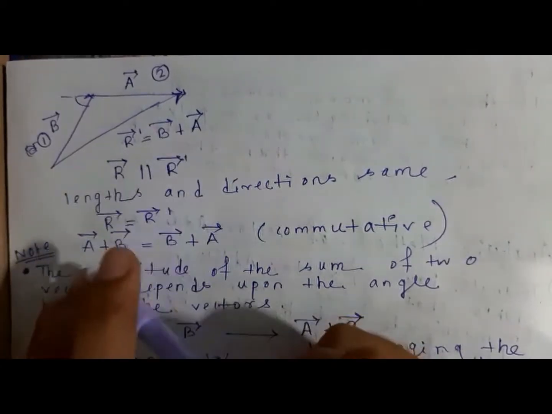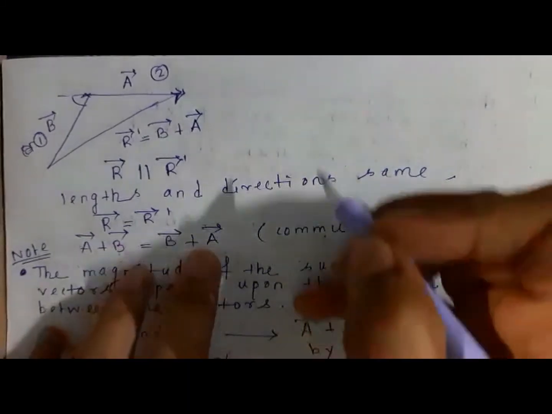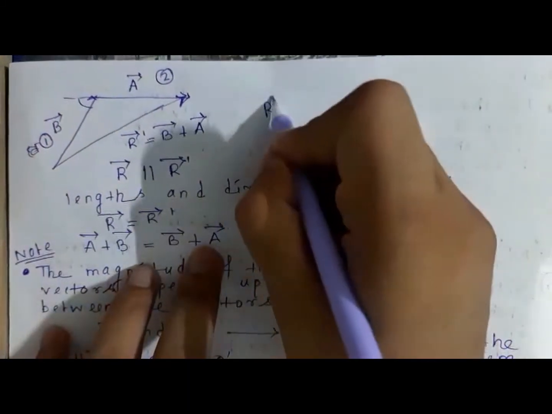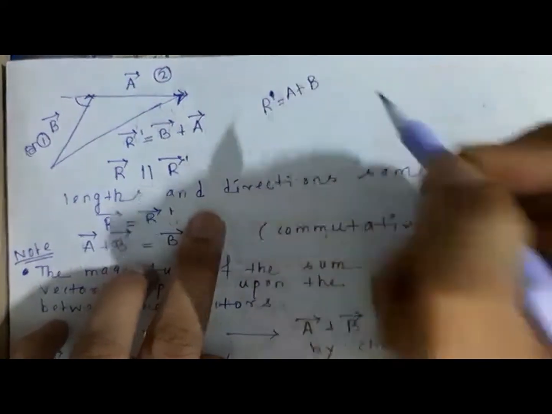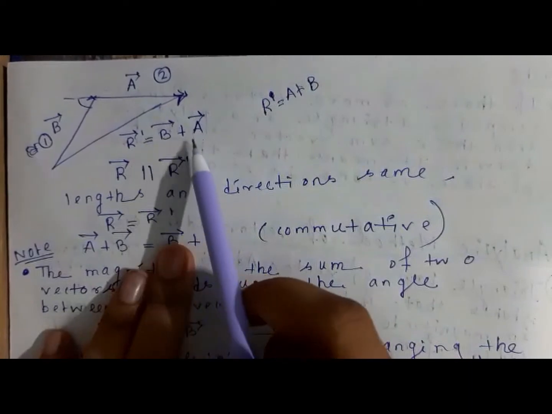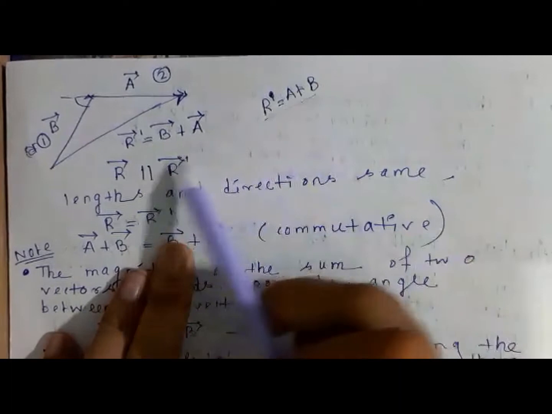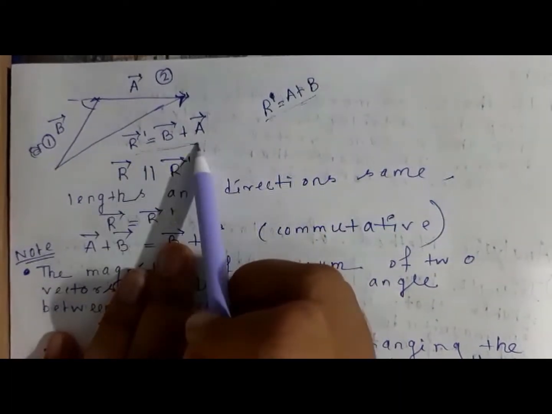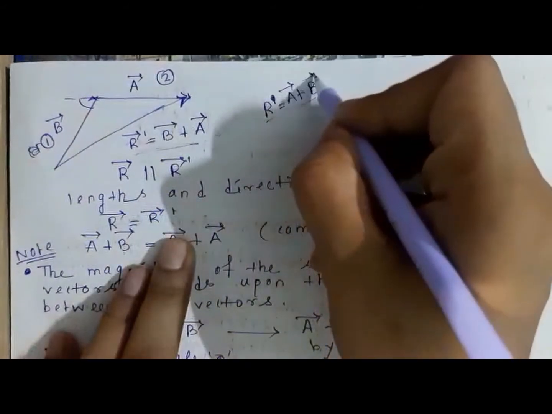Previously we got this one, and here we got this one. So if you start from the a vector, you got this one, and when you start from the b vector, you got this one. You see both have, sorry, here there will be vector signs.